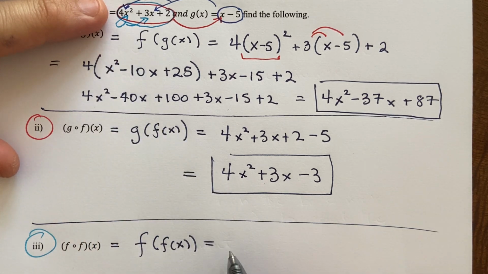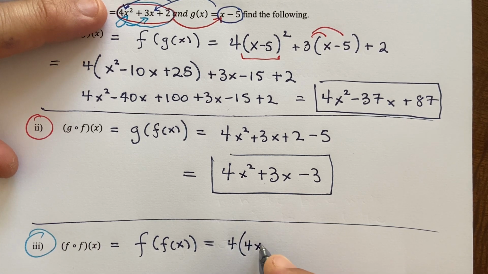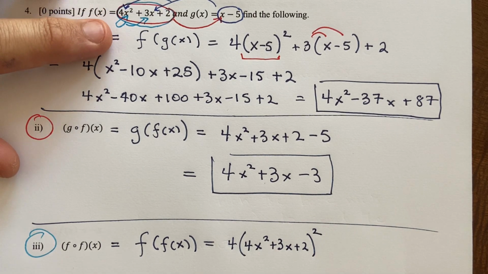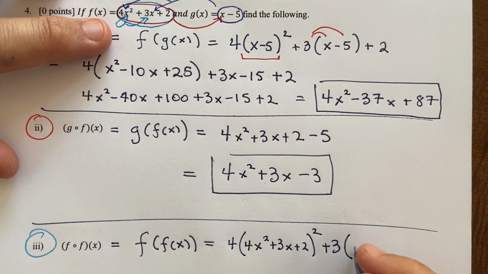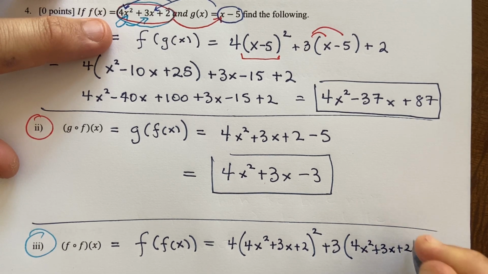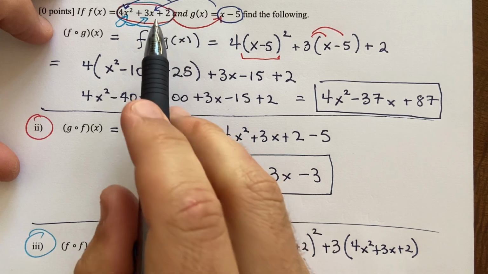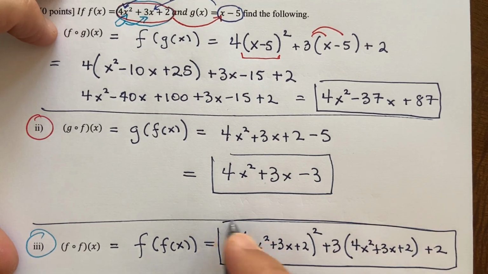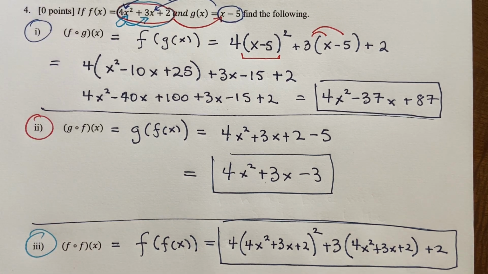So what I'll do is just plug it into itself and I'll just leave it there. So I'll have 4 times 4x squared plus 3x plus 2 squared. Then I need to plug itself into the next place where x appears, which is here. And then I still have plus 2 at the end. Okay.